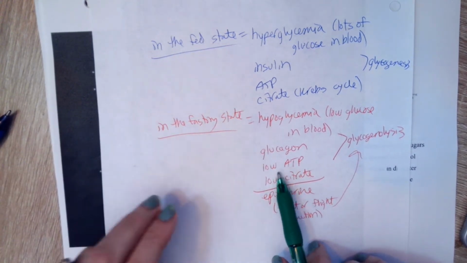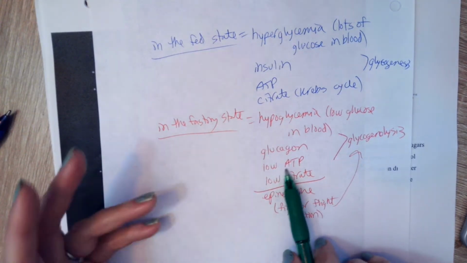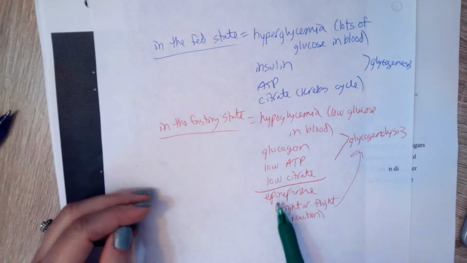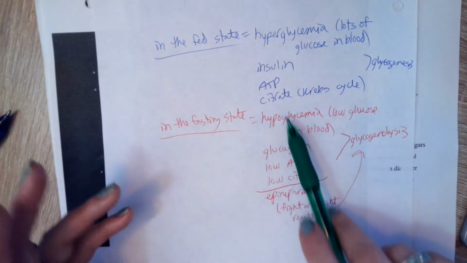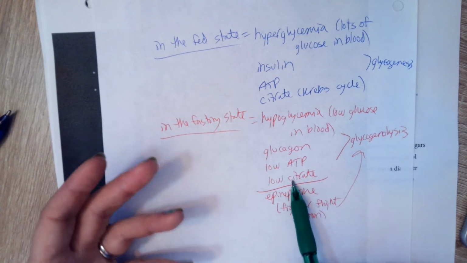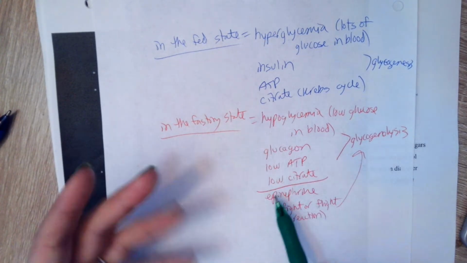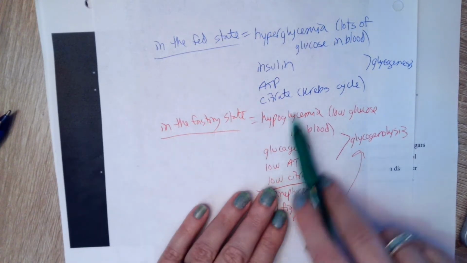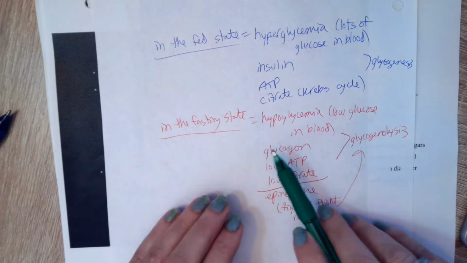We'll talk about that a little bit later, but it's just lower. It's not as intense as when you're in the fed state. Your citrate is a little bit down. Again, same thing. It's not gone. You're still doing Krebs cycle starting from fats, but it's just a bit lower because it's a slower process. All of these things push you towards glycogenolysis to break down the glycogen.